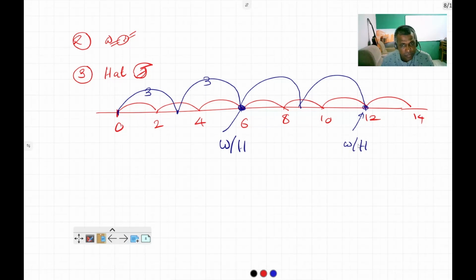Another example. My small child is going out with me. When I keep 1 step, he has to keep 3 steps.